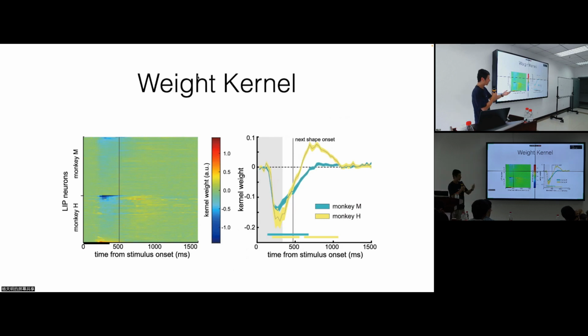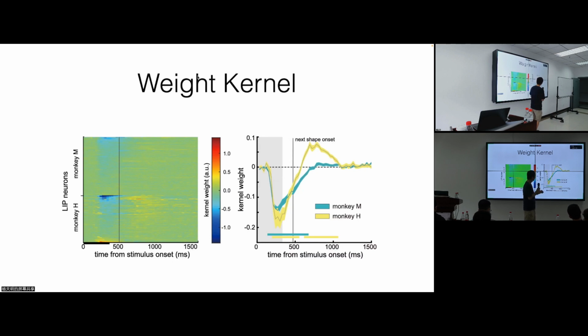So the first thing we want to look at is the weight associated with each shape. Remember, in this experiment, the weight is not a quantity that you can directly accumulate. You have to consider the shape color as well, right? The left is a heat map where each individual neuron is a line, but when you add them together, you can see overall the neurons have a negative response to the weight, starting from the shape onset at 0.